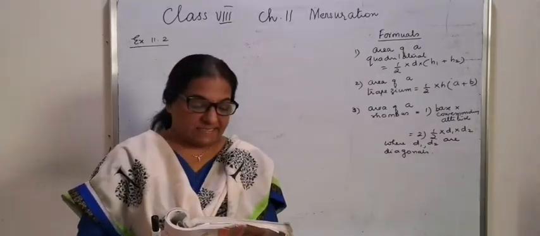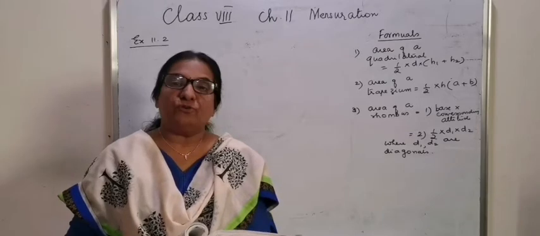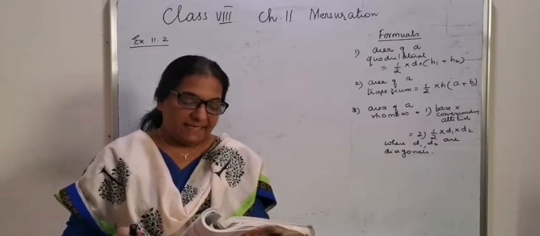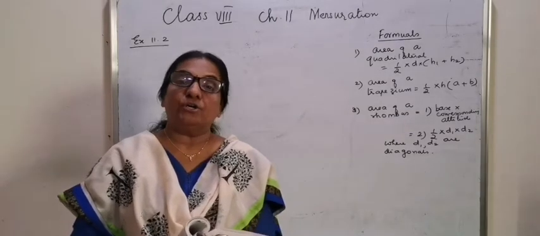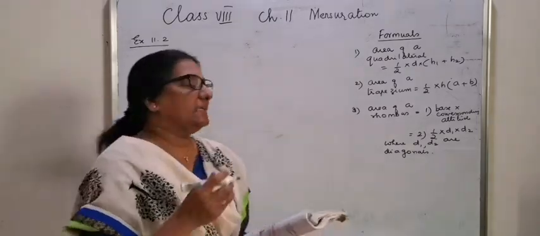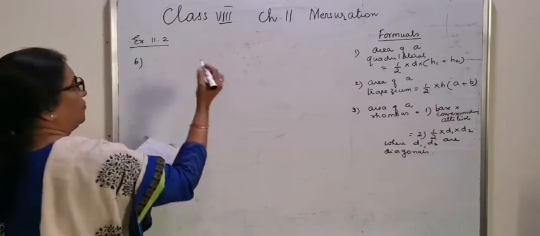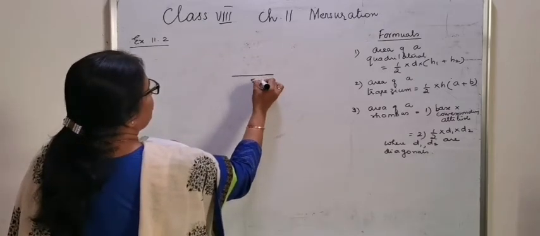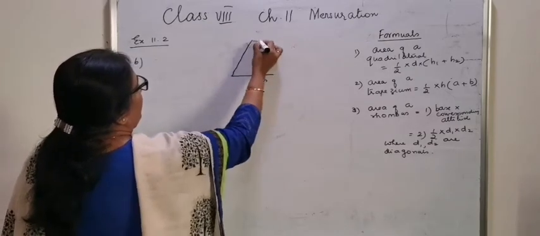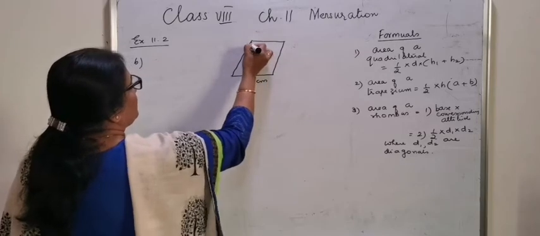Question number 6. Find the area of a rhombus whose side is 5 centimeter and whose altitude is 4.8 centimeter.